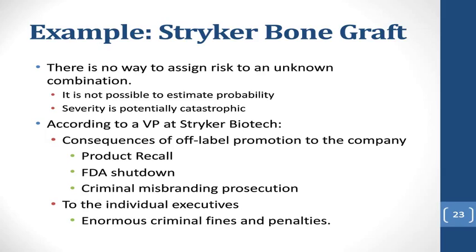Anyway, what ended up happening with Stryker was the company did plead guilty, and in return for a guilty plea, they paid a $15 million fine, and in return the government dropped the criminal charges against the individuals. But what's actually happened with the company is that Stryker Biotech no longer exists. And then let me go back to this very interesting thing here.